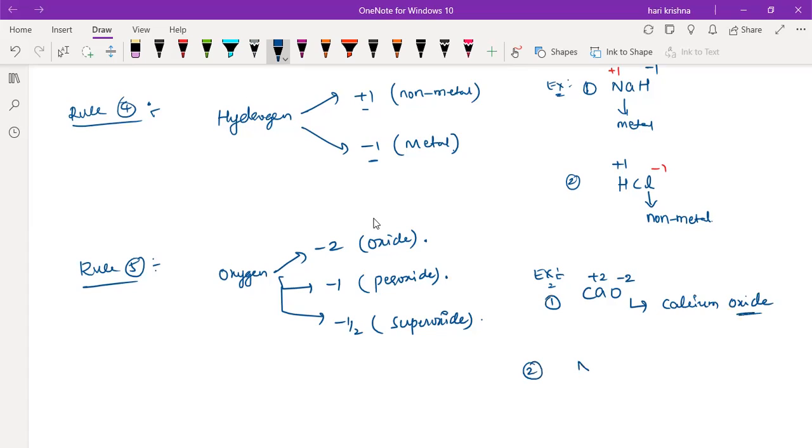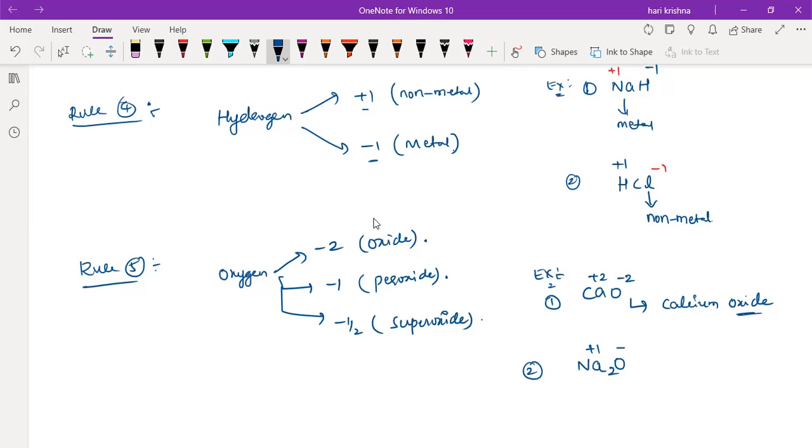Na2O. Sodium belongs to which group? Group 1, so it will show +1. Then oxygen has to show -2, because 2 sodiums are there.